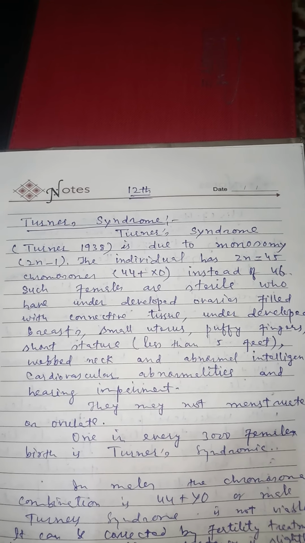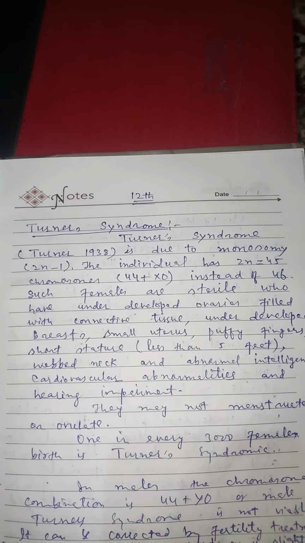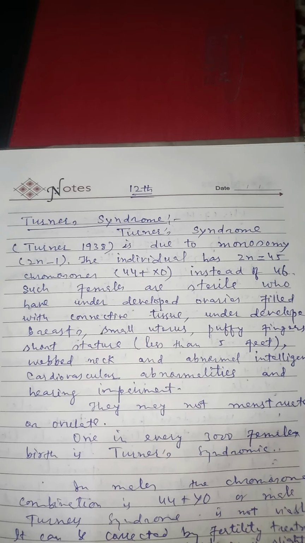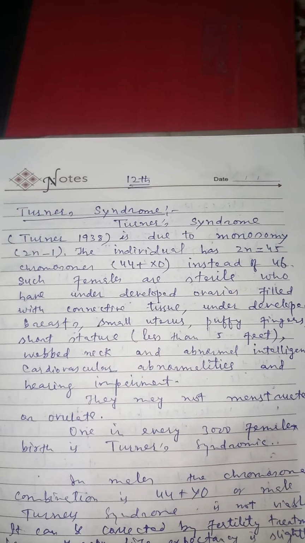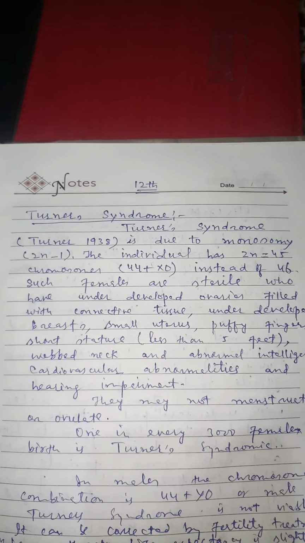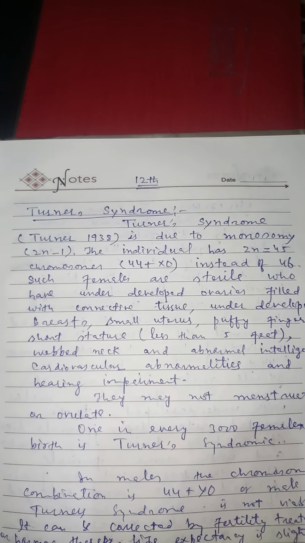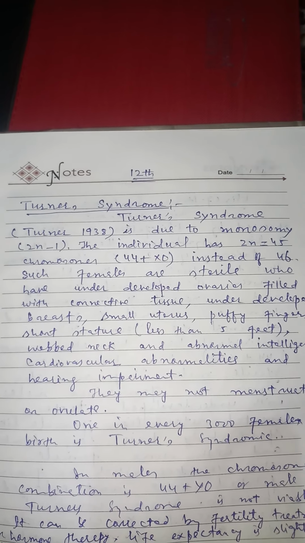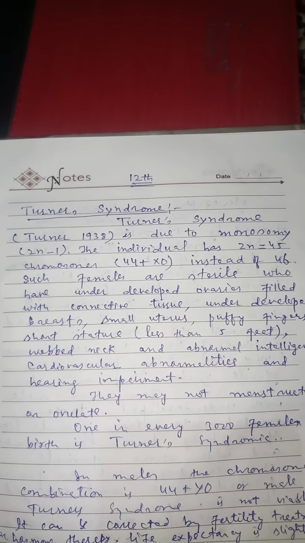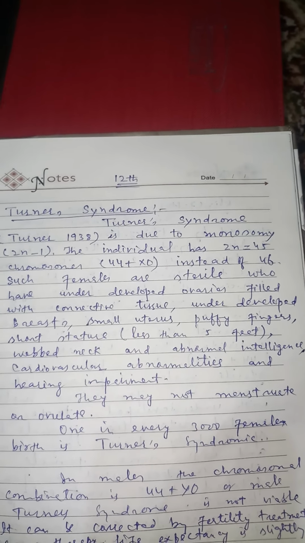And their next character is that they have short stature. Short stature means they do not have a normal height, but their height remains always less than 5 feet. Furthermore, these females with Turner syndrome have a webbed neck, a short neck, and abnormal intelligence.